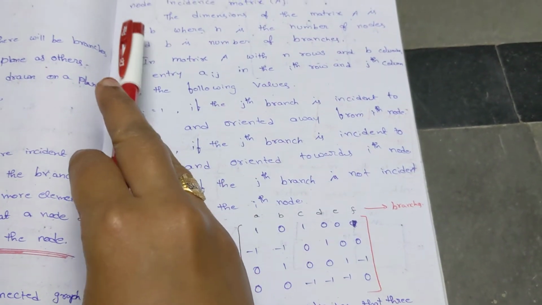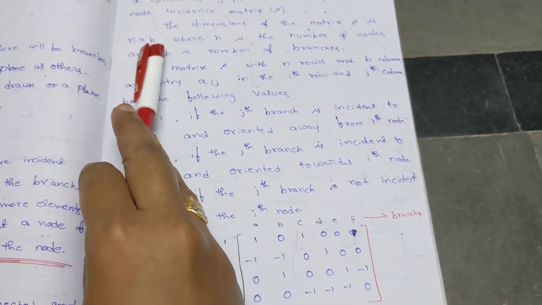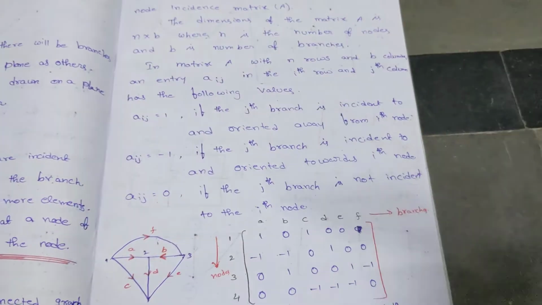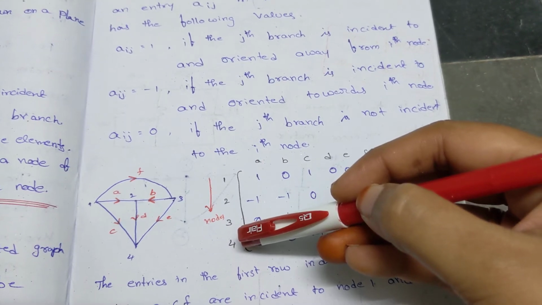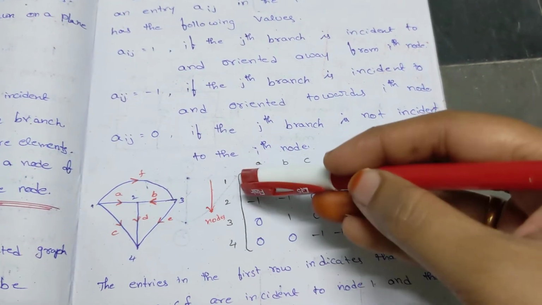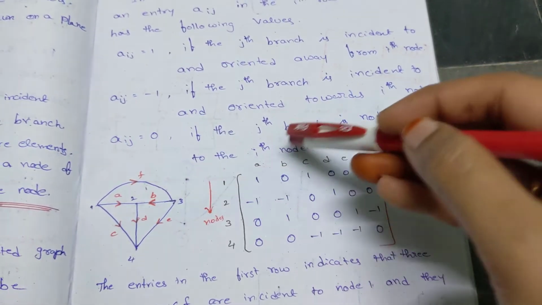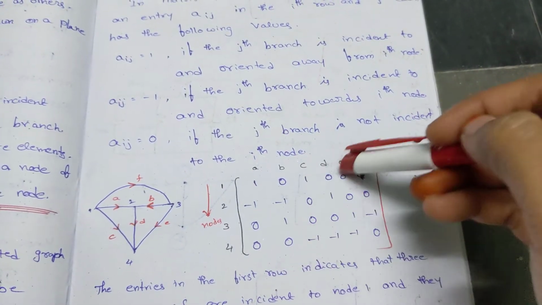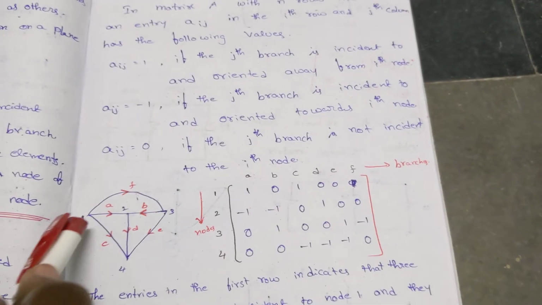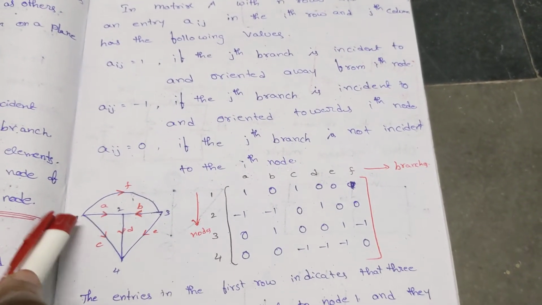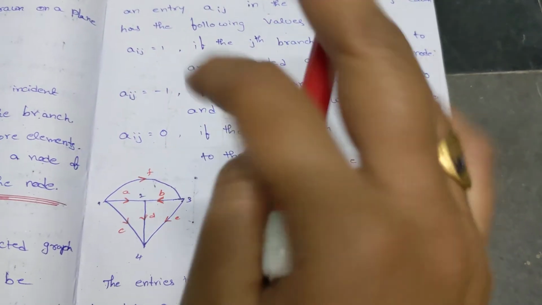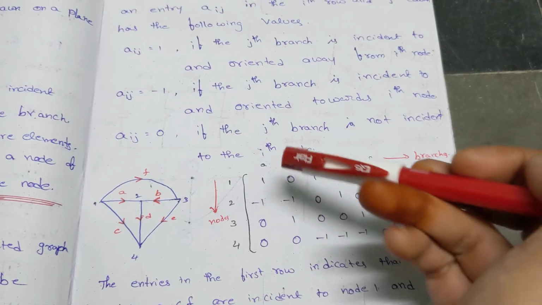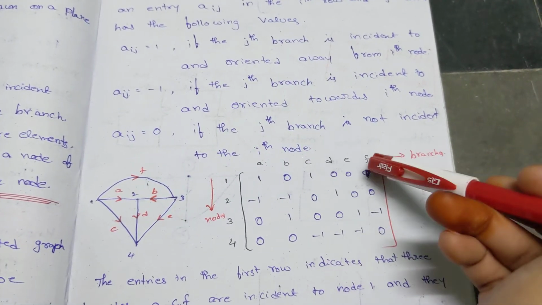As per the dimensions, rows and columns, I am considering the number of nodes in rows and branches in the columns. For node 1, which branches are available? A, C and F. But forget about the direction for the meanwhile.